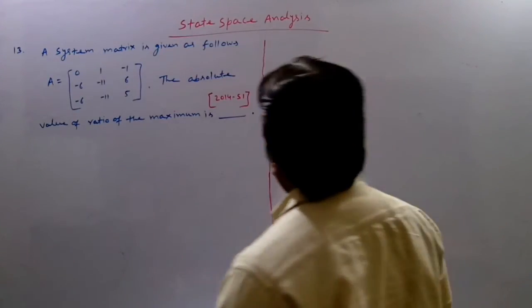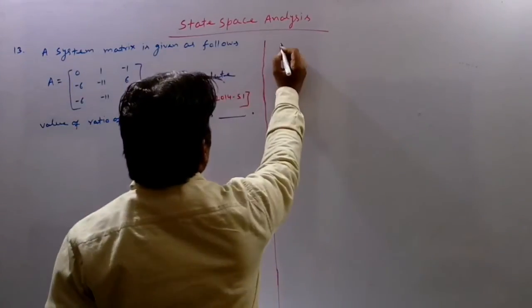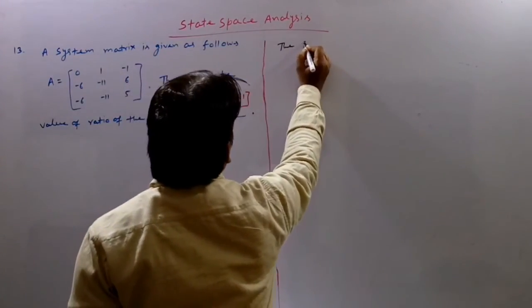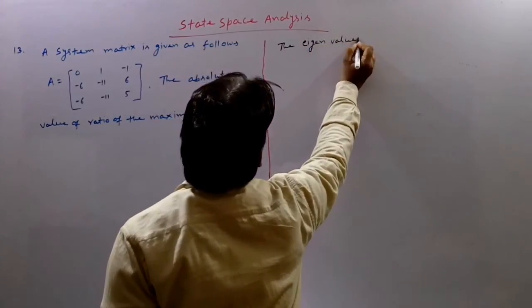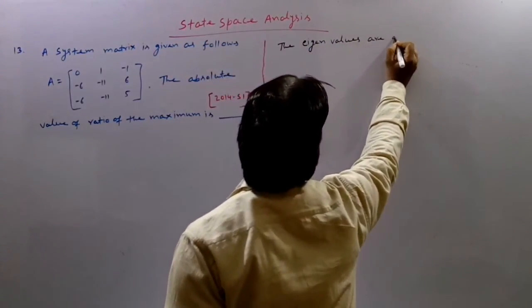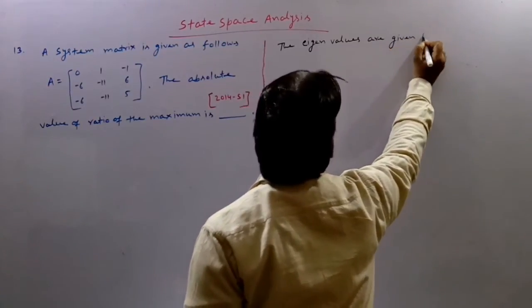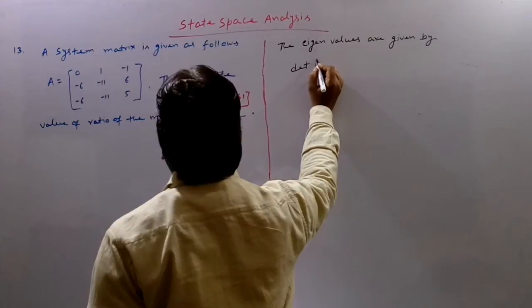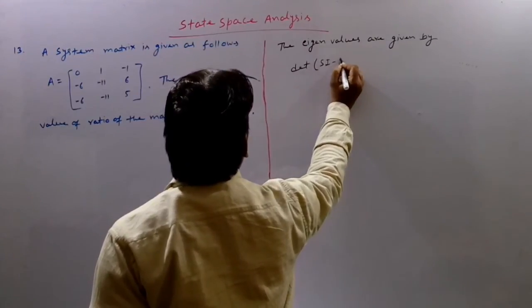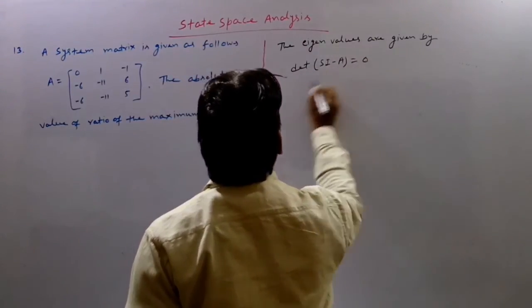So the eigenvalues are given by the determinant of matrix sI minus A equal to 0.